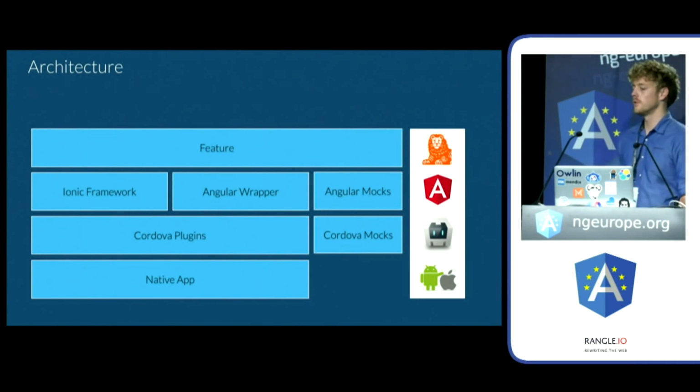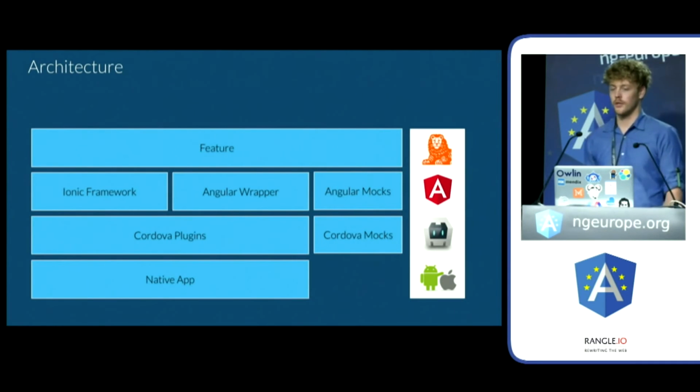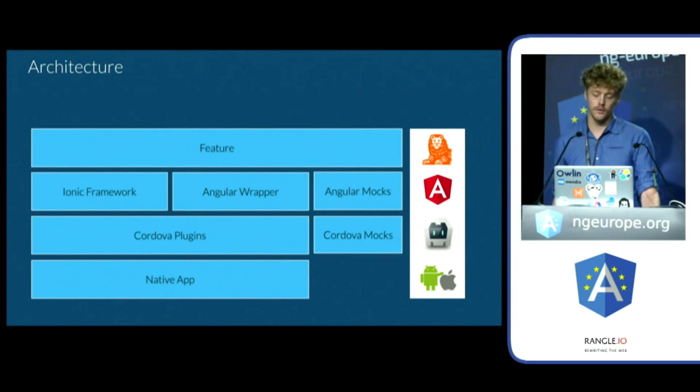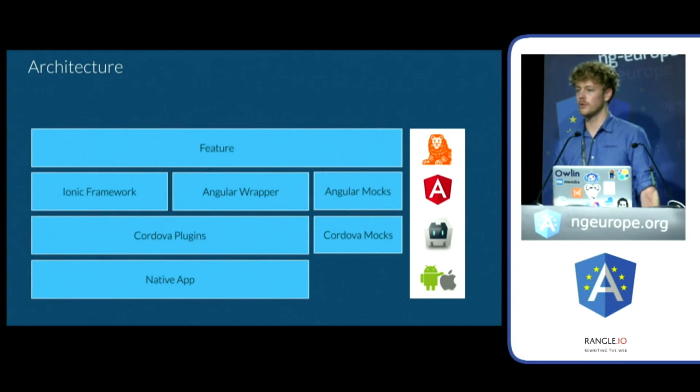So that brings me to the overall architecture we have created for hybrid features. We have the native app, where we integrated Cordova web views, together with all the plugins we've created and the open source plugins. On top of that, we use the Angular framework and the Ionic framework.